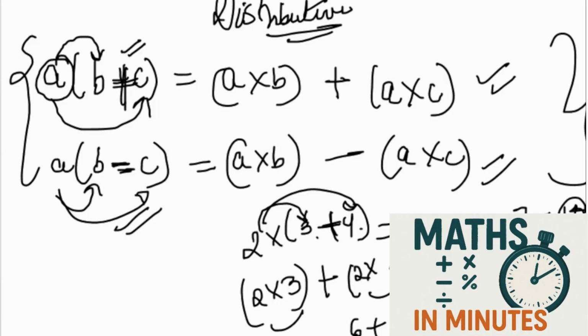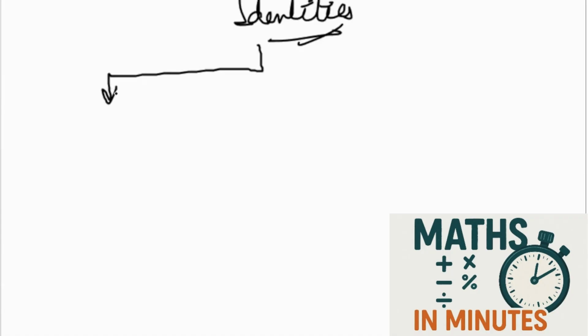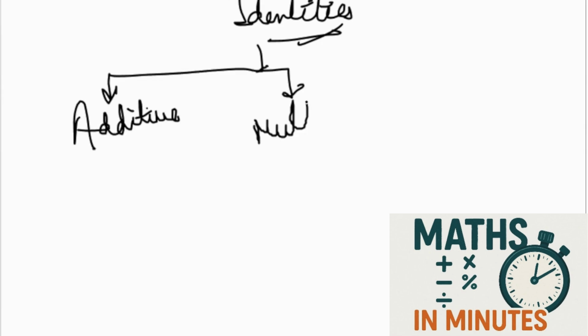Okay. Now we are moving with identities of rational numbers. We are having 4 identities of rational numbers. First one is additive identity. Second one is multiplicative identity.